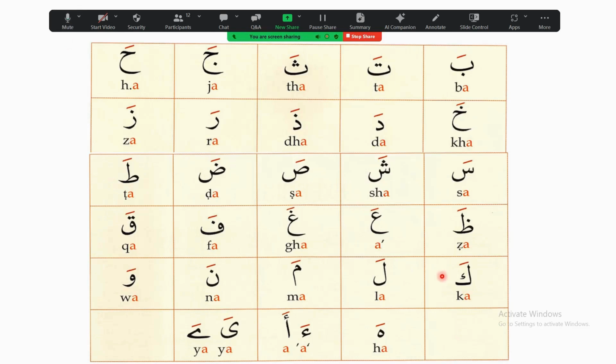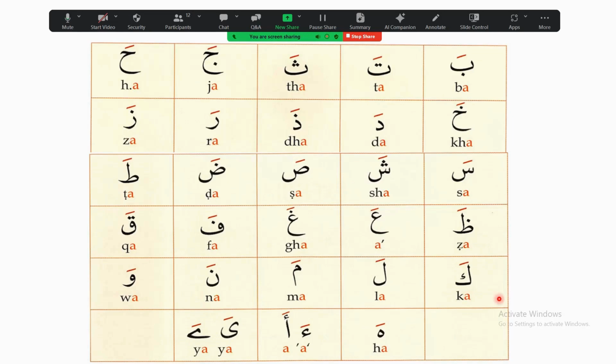So the next letter is a light kaf letter, ka, right? Kaf letter, ka. The next is the lam letter, la. The next is the meem letter, ma, right? These are easy letters in this row, inshallah, because you are already familiar with them. So kaf letter, ka, lam letter, la, meem letter, ma, noon letter, na, and waw letter, wa.